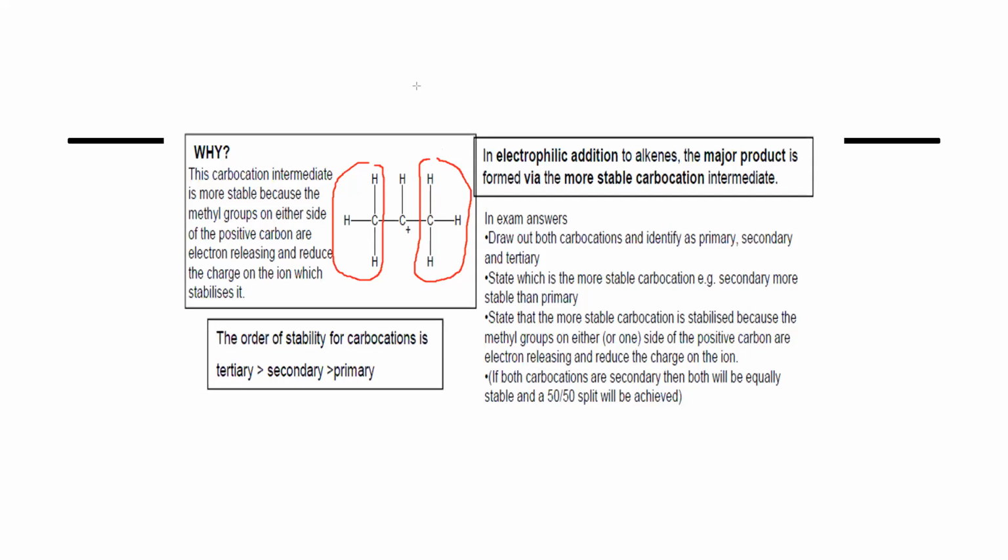Because these alkyl groups are known as electron releasing groups. Carbon does not have a greater tendency to attract the electron, so instead of taking the electron, they tend to give the electron.